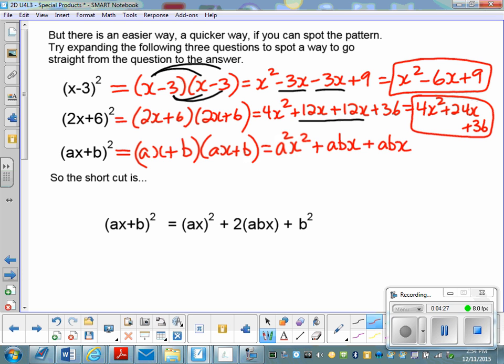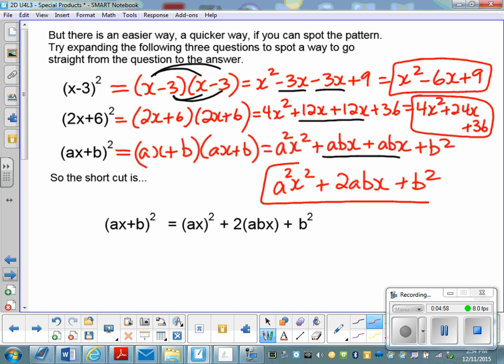So I'm going to get another abx. So there you can see we got the same middle term again. And then b times b is going to give me b squared. So I end up with a squared x squared plus 2abx plus b squared. So that's what I end up with as my answer there.